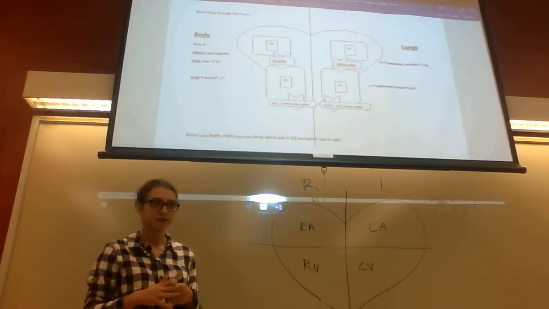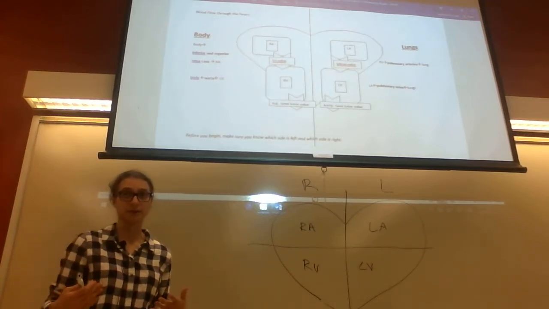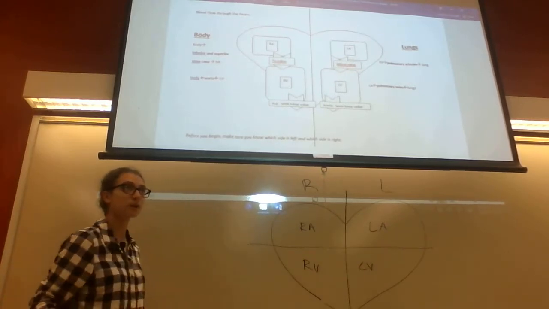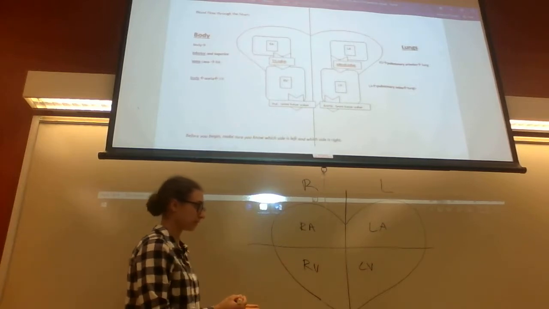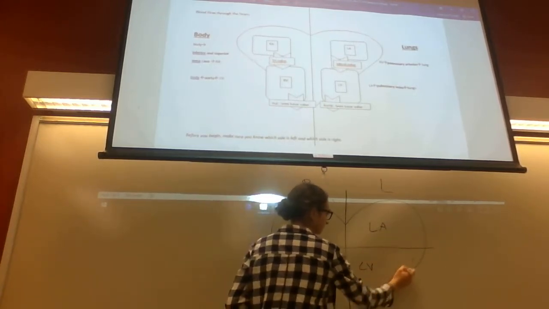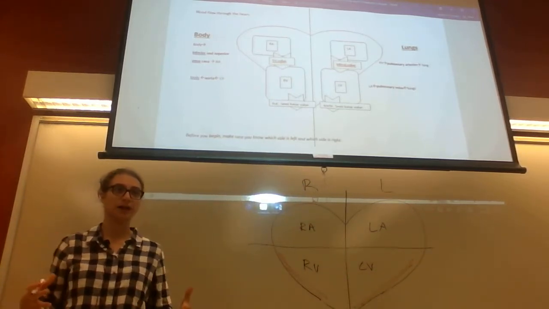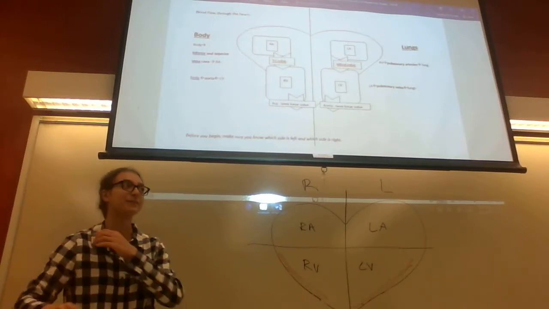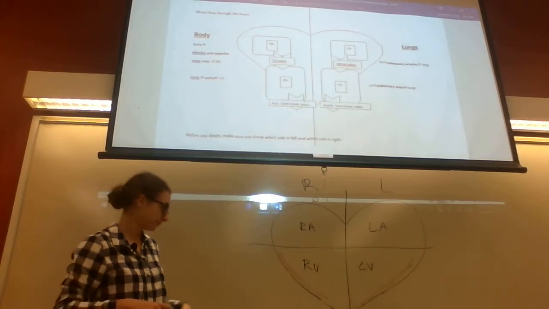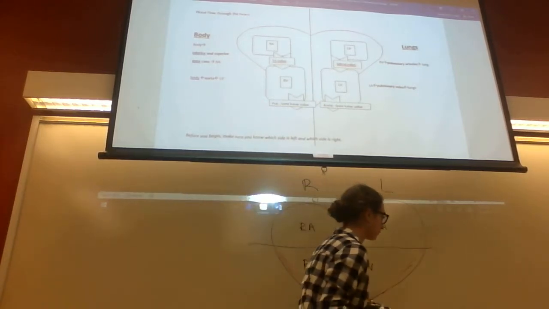What is the difference in how they receive blood? Another thing is how they output blood. The ventricles tend to be very muscular. That's something to keep in mind, because the ventricles are pumping blood to the rest of the body, while the atria are just pumping blood to the ventricles.